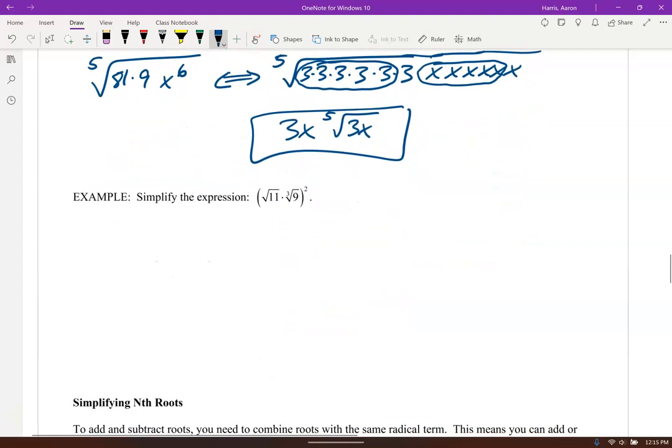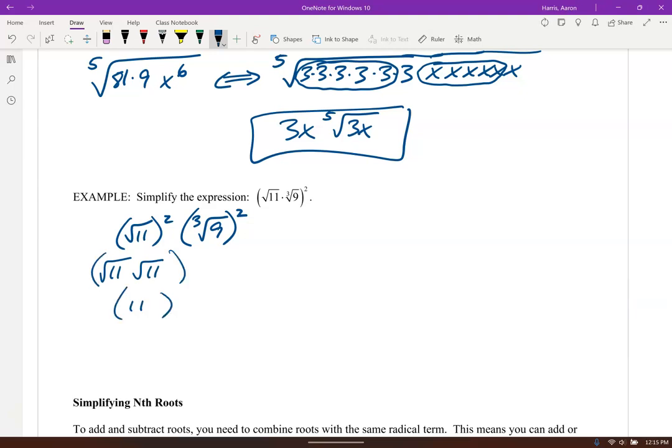Keep going here, we have 11 times the 3rd root of 9 squared. So we have square root of 11 being squared, we have a 3rd root of 9 being squared. So let's write that. Square root of 11 is square root of 11 times square root of 11, which is just 11. And then 3rd root of 9 squared, so there's another 3rd root of 9.